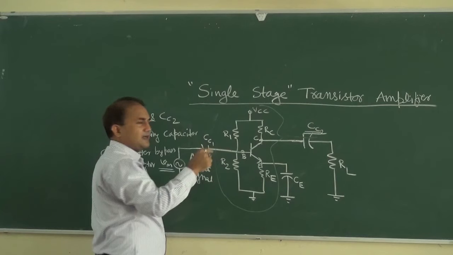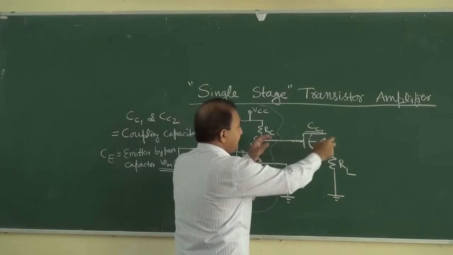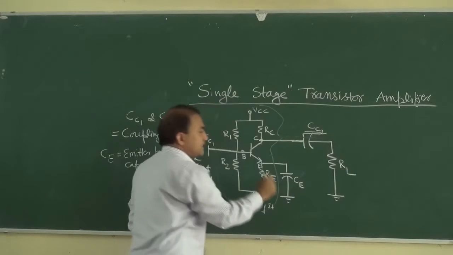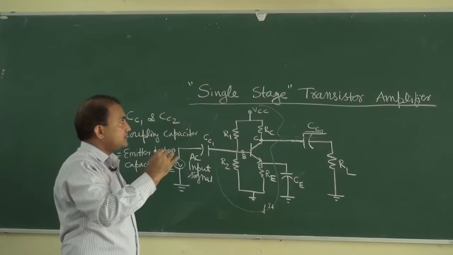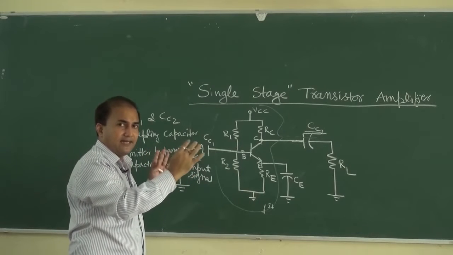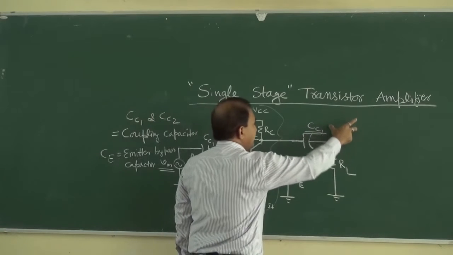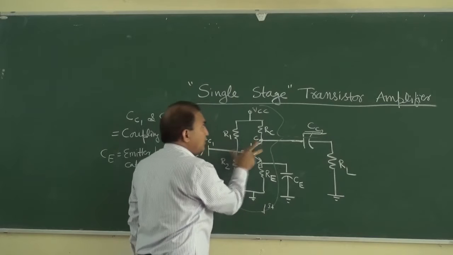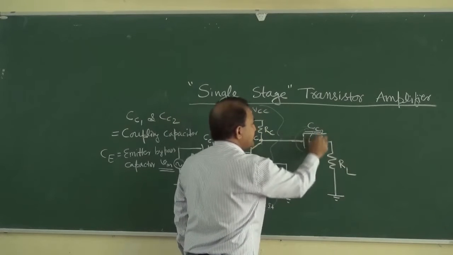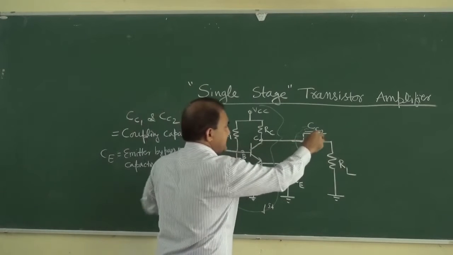Okay, and it also provides isolation. Suppose this is the first stage and suppose we want to design a multi-stage amplifier by coupling various single stage amplifiers. In between the two single stage amplifiers, this coupling capacitor provides isolation between the DC resistances.